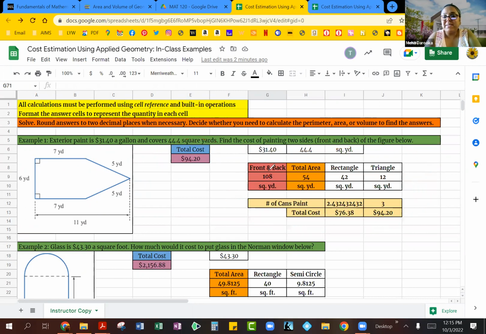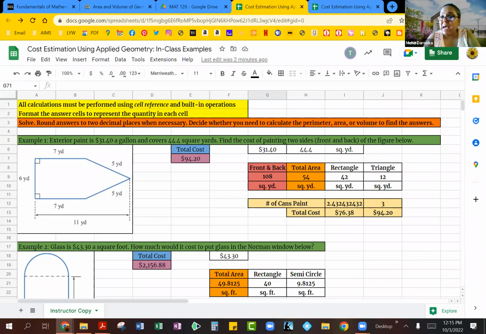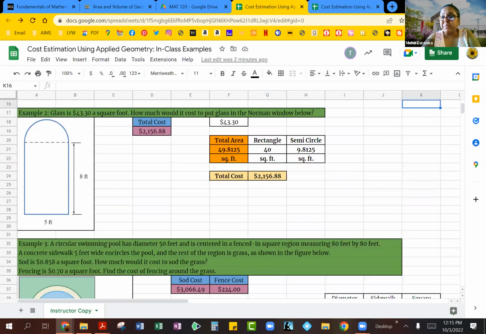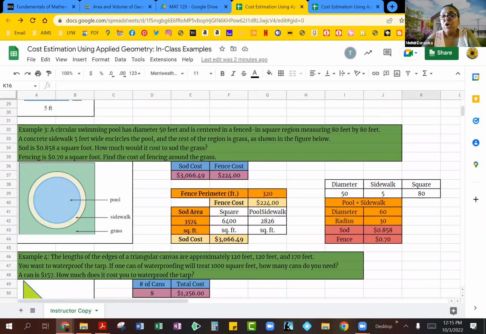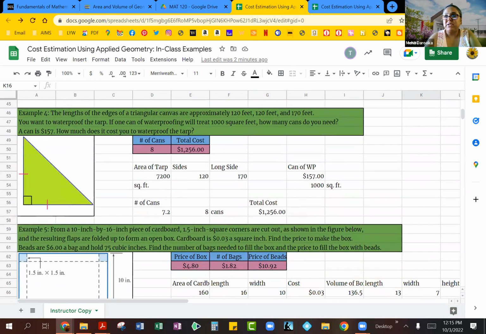So just because I didn't give you all of these boxes does not mean you don't show me. I do need to see how you came up with your calculation. So you guys will have access to this completed document over here, and you're obviously welcome to follow the way we did examples in class, but please make sure you show me your work, so that way I know how you came up with your calculations.